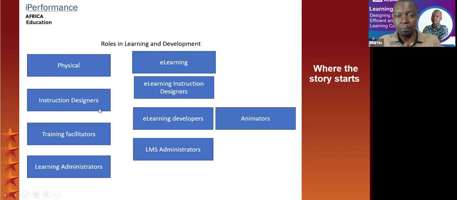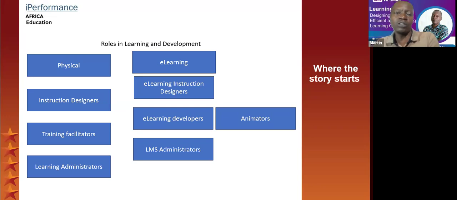Now, to get on, the various roles in the learning and development sector. I've divided them into when you're looking at physical trainings and when you're looking at e-learning. If you're looking at physical training, this would be your face-to-face. You would have your instructional designers, you'd have your training facilitators or those delivering trainings. Then you have your learning administrators.